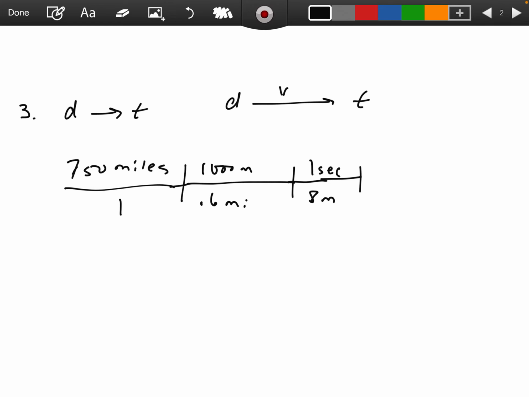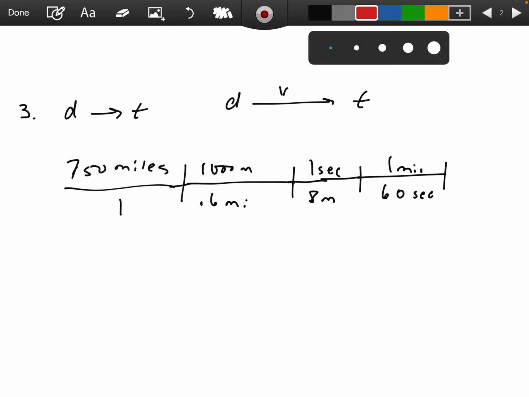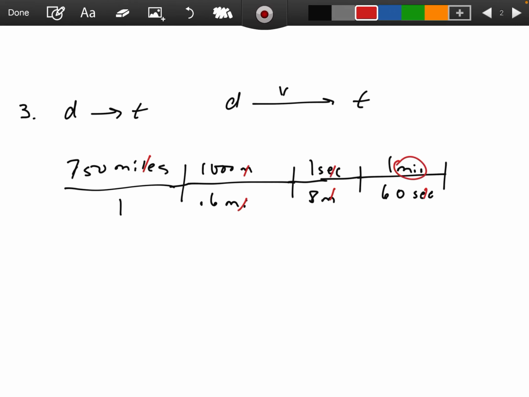And I want you to go to minutes. So 60 seconds is 1 minute. Trust your units, set your units up, cancel them out. They have to cancel, they have to cancel.